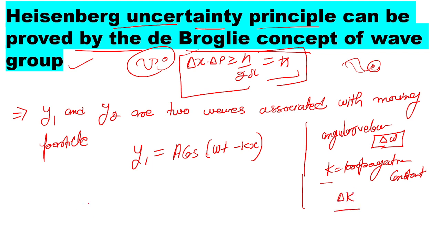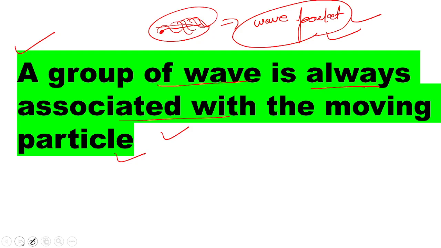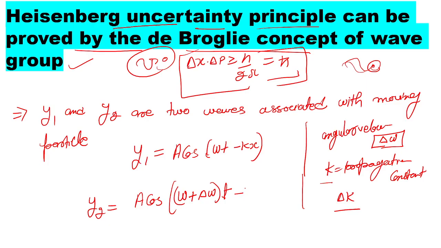So our next wave will be y2 equal to a cos of (omega plus delta omega) t minus (k plus delta k) x. These are two waves superimposing on each other and forming a resultant wave.